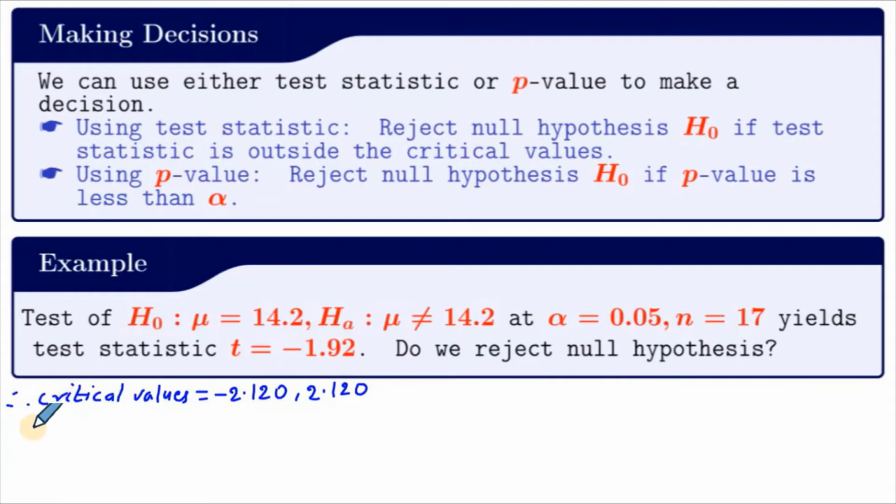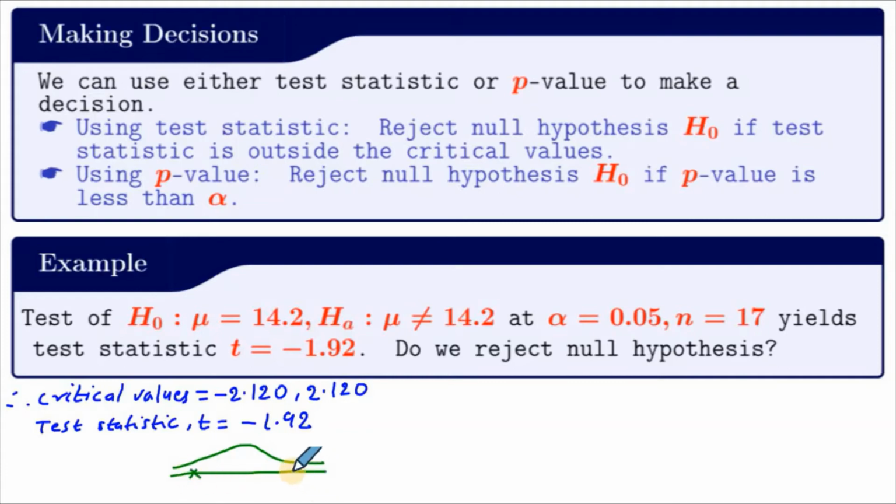And we know our test statistic t is negative 1.92. Now let me draw a diagram so that we can see our test statistic and critical values on this graph.